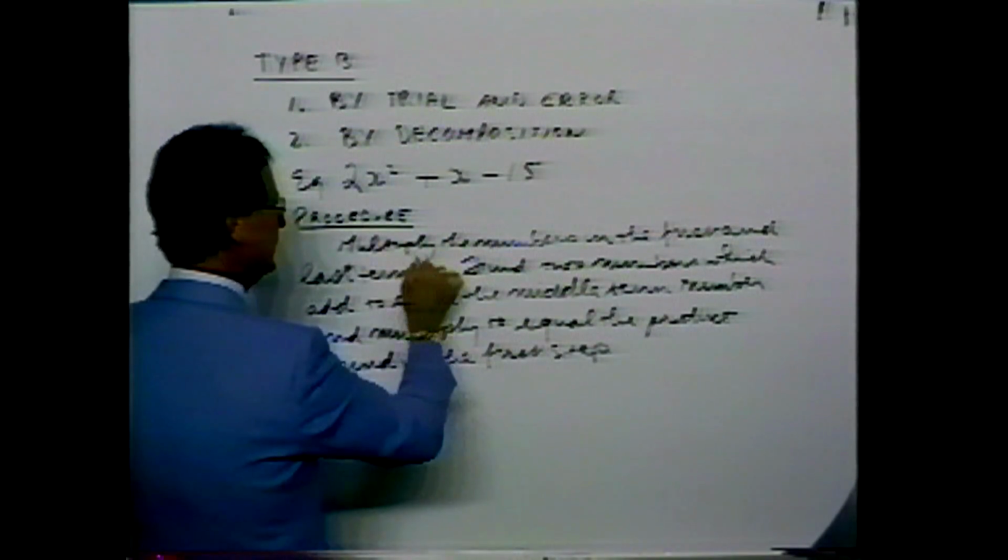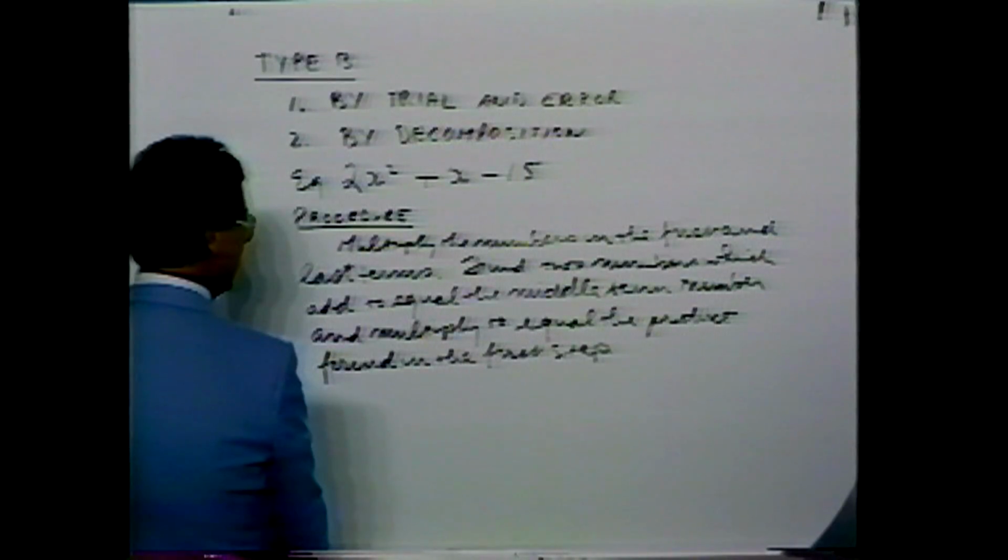This one here. Multiply the numbers in the first and last terms.